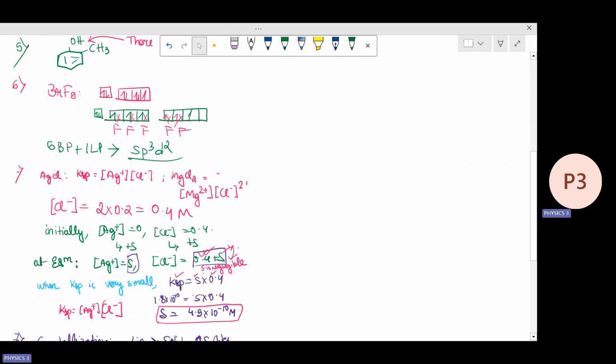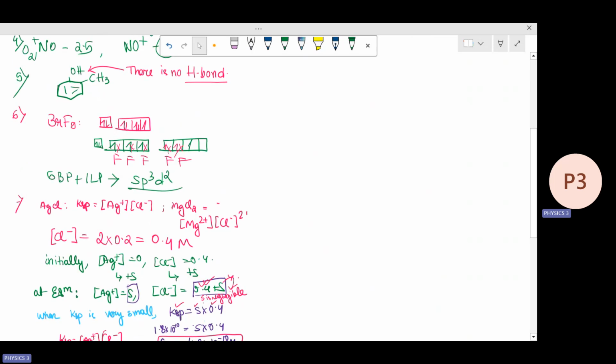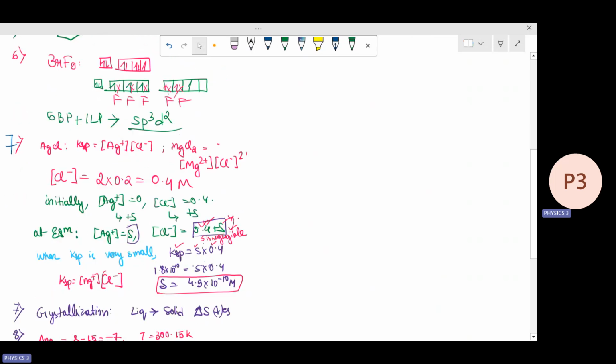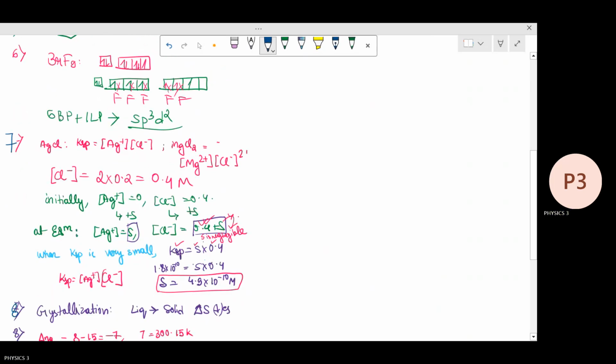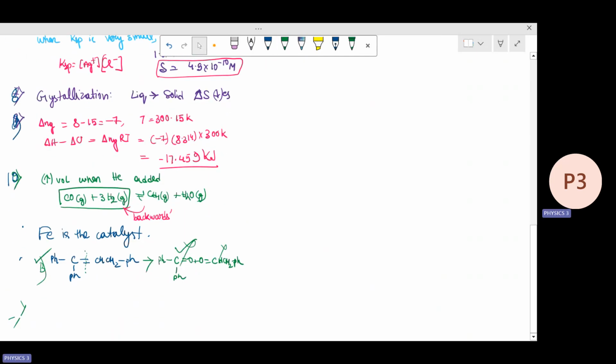I have marked two sevens. That's why, please change the numbering. I was marking wrong. It was 7 here, 8 here, 9 here, and 10. This one is question number 11, this is question number 12, this is question number 13.